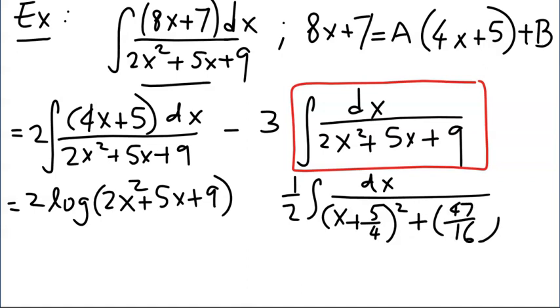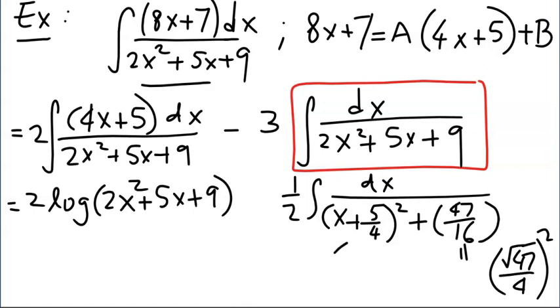So that's what this integral becomes after completing the square. Of course, another thing to realize is that the second term can simply be written as square root 47 over 4 squared.